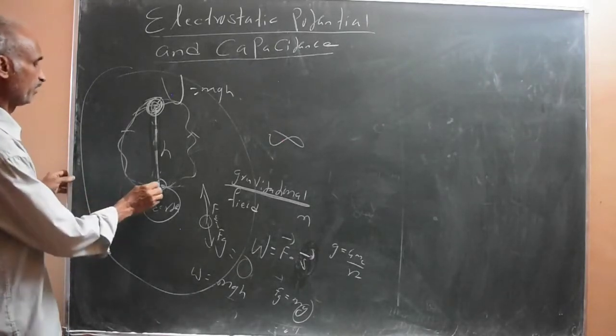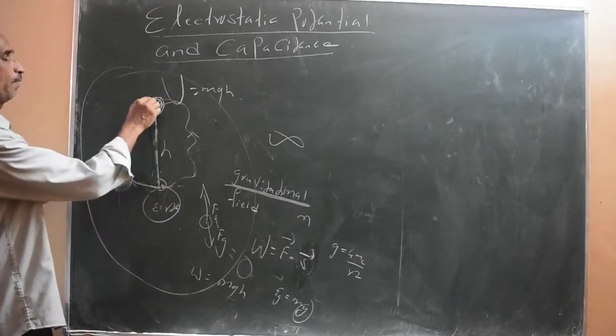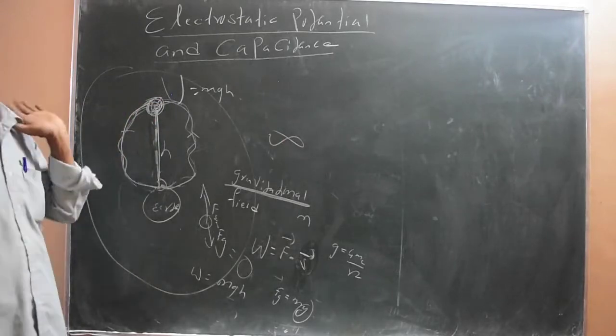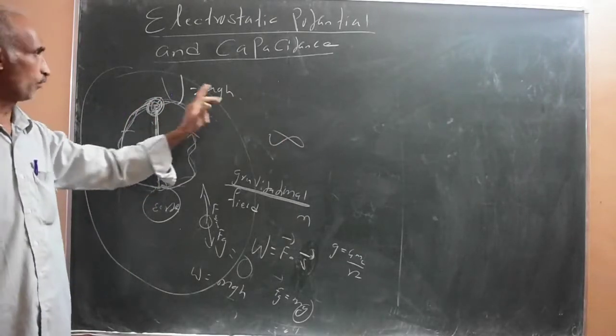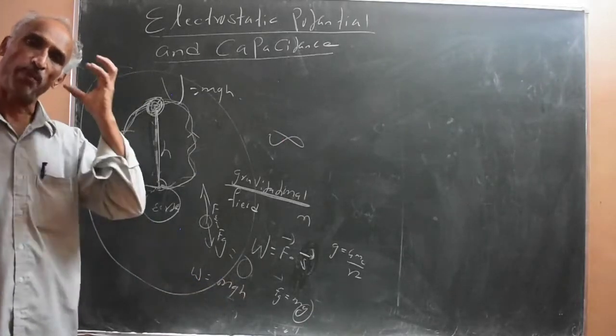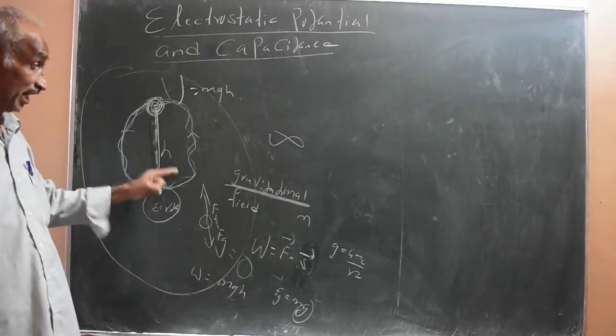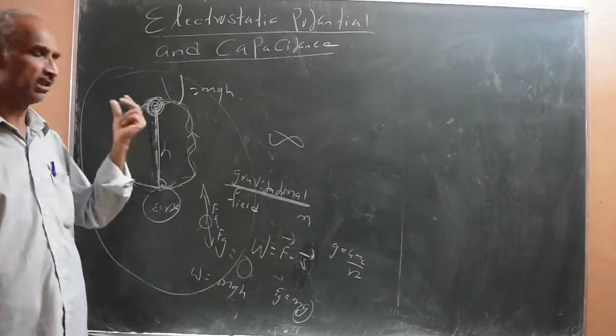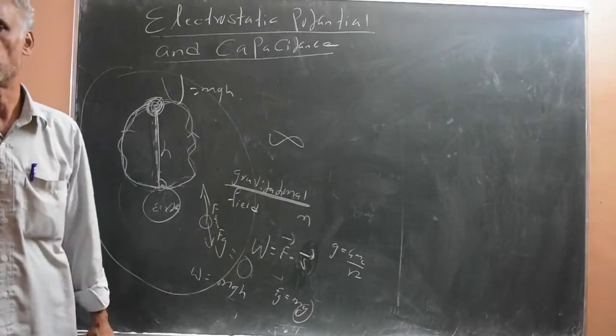Whether it is lifted along this path, or this path, or any path, work done will be the same, mgh only. In any path you displace the body, the total work done will be mgh only.